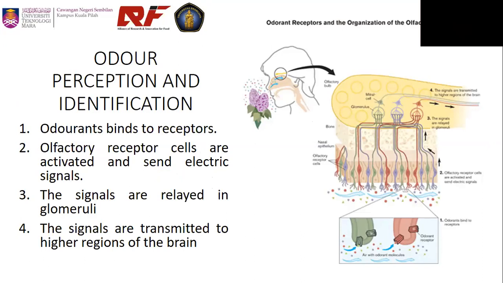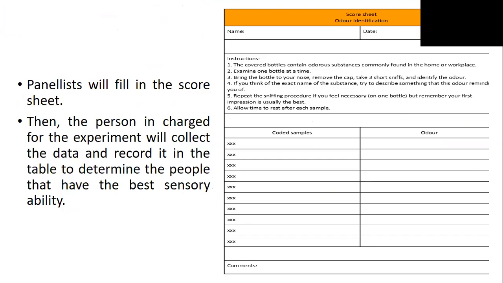The olfactory receptor is the system that plays an important role in humans in order for us to be able to sniff the odor from the food. So like the previous one, usually under this odor perception test, we use a cotton bud which is dipped into a solution of something that gives flavor.